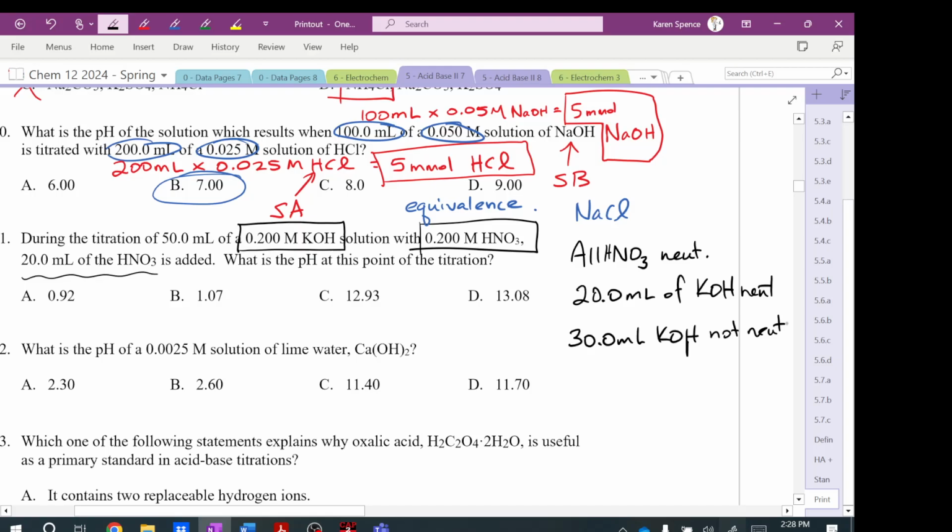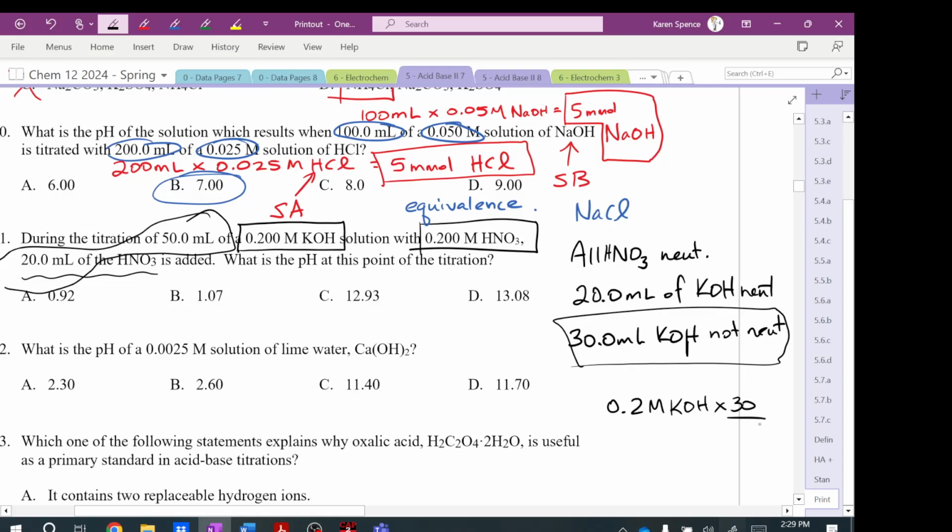Then I can just do a dilution, because I have 30 milliliters not neutralized in a final volume of 70 milliliters. So 0.2 molar KOH times 30 divided by 70. That's the fast way to do it.